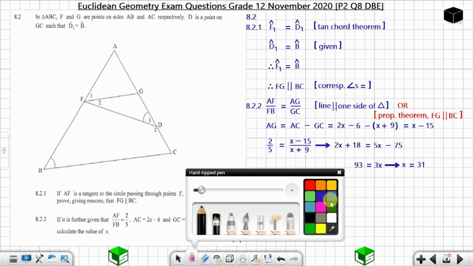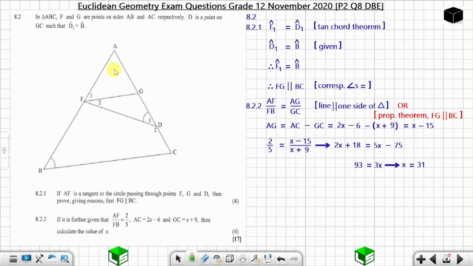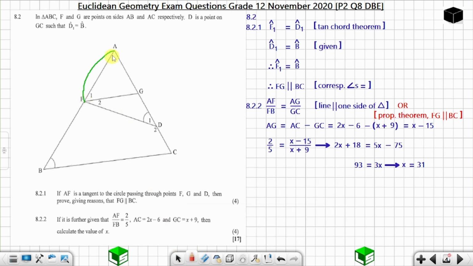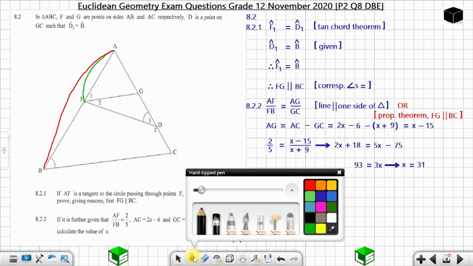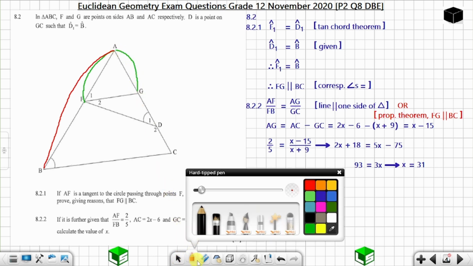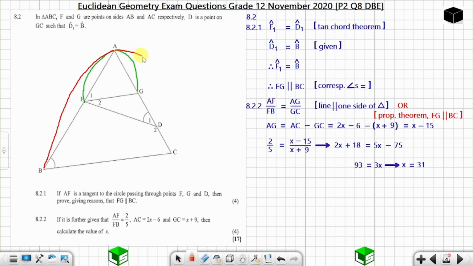You can take AF over AB equal to AG over AC. You can use this combination to solve for x.